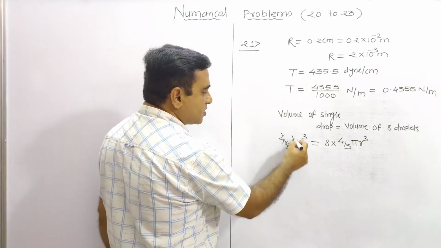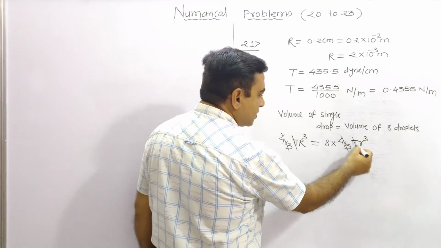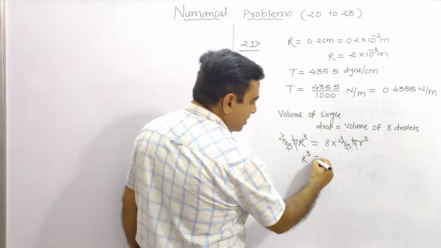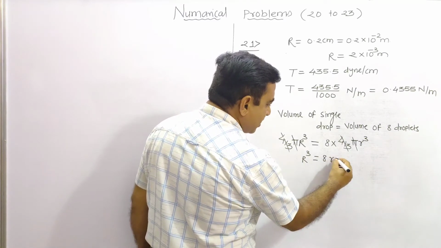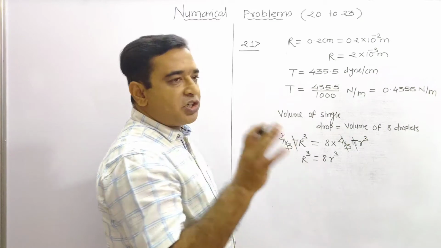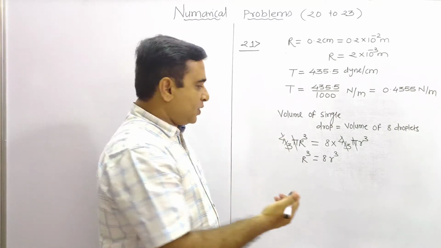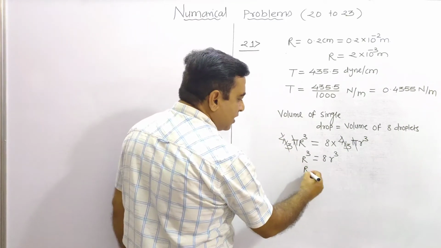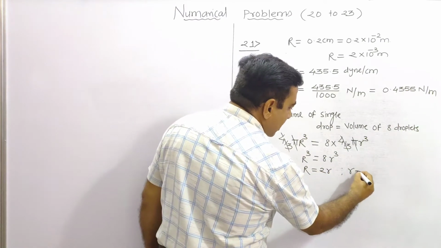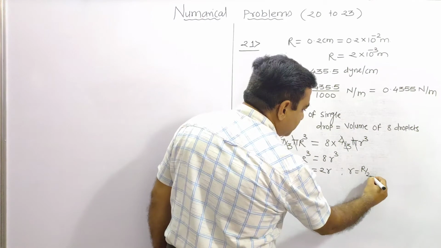Cancelling the similar terms, here R cube is equal to 8 times r raised to power 3. After taking the cube root, we know the cube root of 8 is 2. So R is equal to 2 into r, or small r is equal to R by 2.